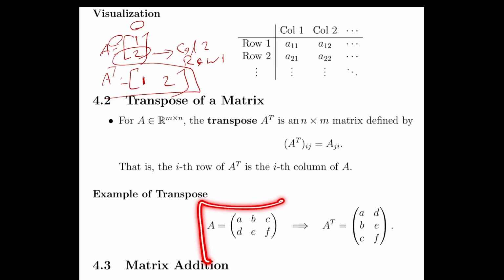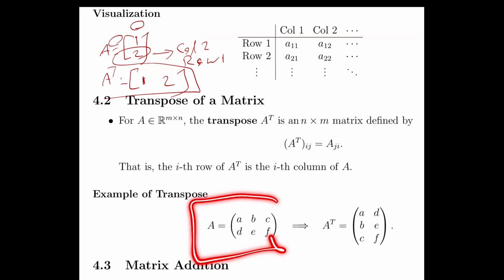So this is another example. Let's say it's A. So what is A transpose? So this is column 1. So if you have column 1, row 1, row 2, column 1, column 2, column 3. And so if you want to transpose A, you had 2 rows. So for the transpose, you should have 2 columns now.